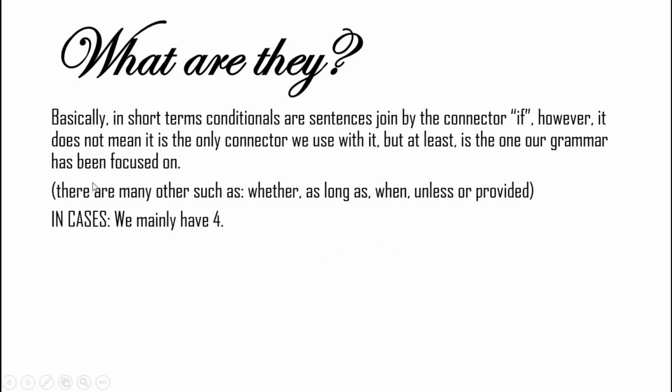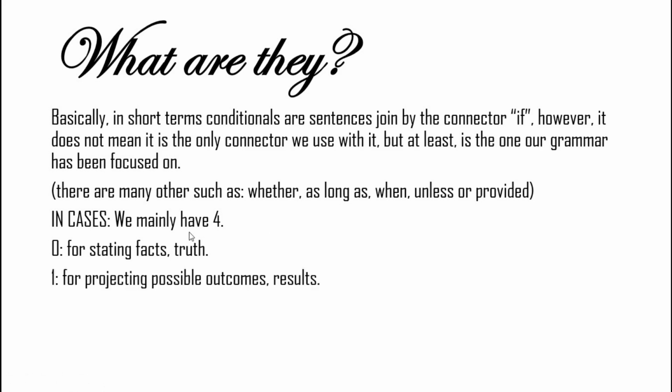So if we talk about cases, we mainly have four. Conditional zero for stating facts, which we label truth. Conditional first for projecting possible outcomes, which is basically a result. Conditional second for talking about suppositions, right?